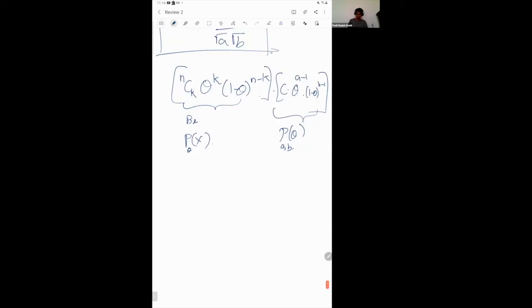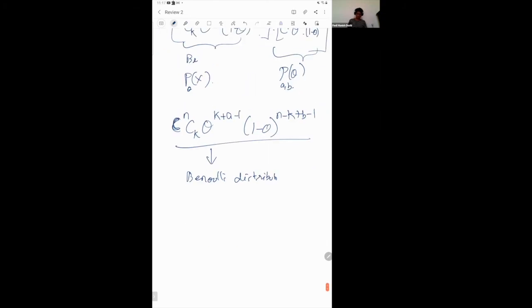So if we multiply these, then we would end up with theta to the k plus a minus 1, 1 minus theta to the n minus k plus b minus 1. So now you can see that this is also a beta distribution. This is some new constant.